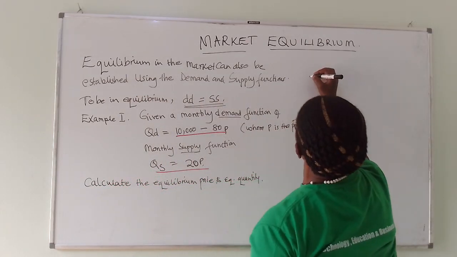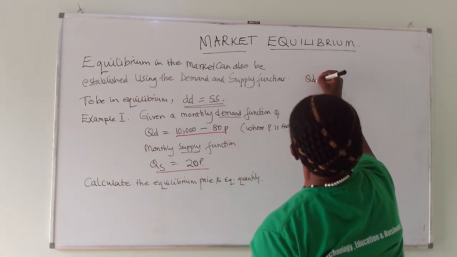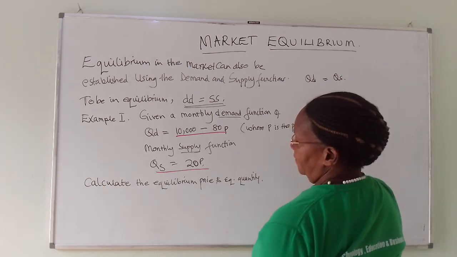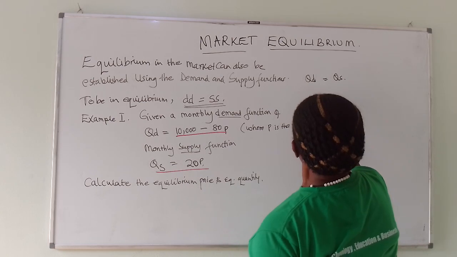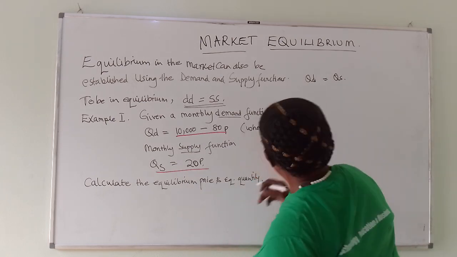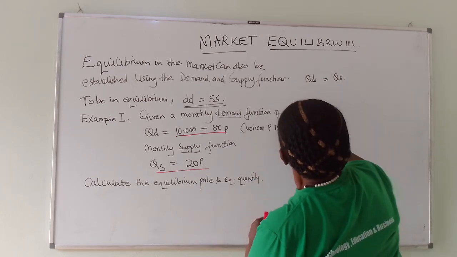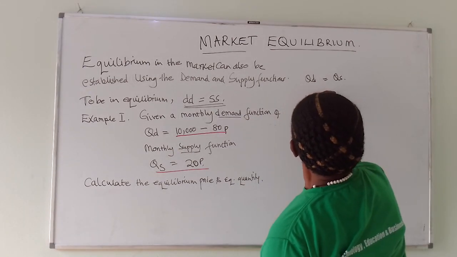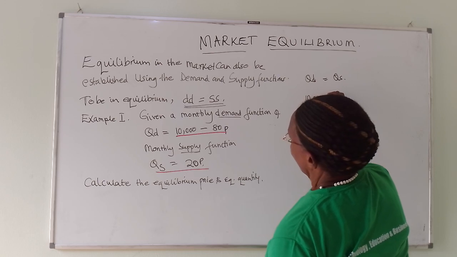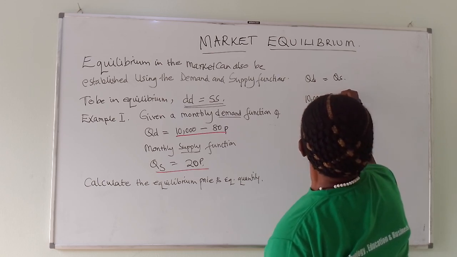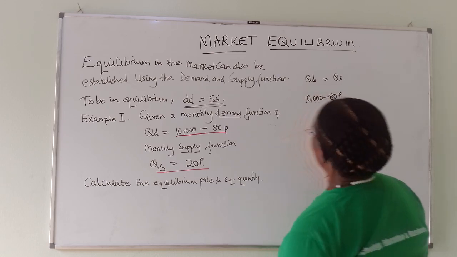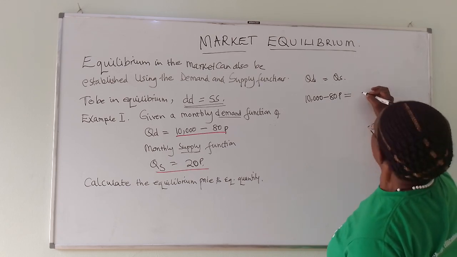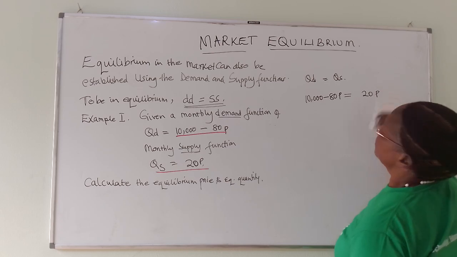So quantity demanded should be equal to quantity supplied. The quantity demanded is 10,000 minus 80p. It should be equal to quantity supplied, which is 20p.